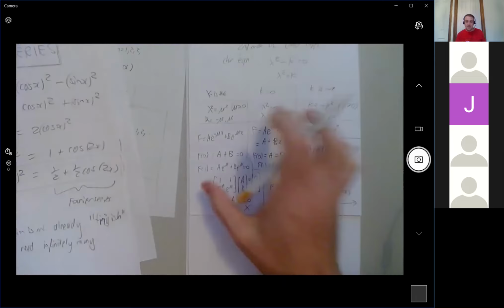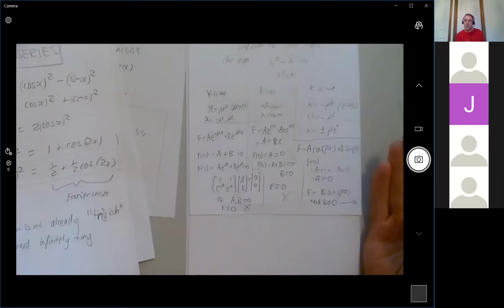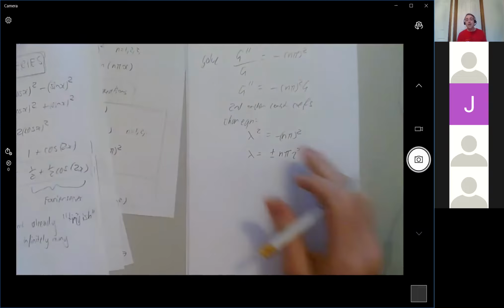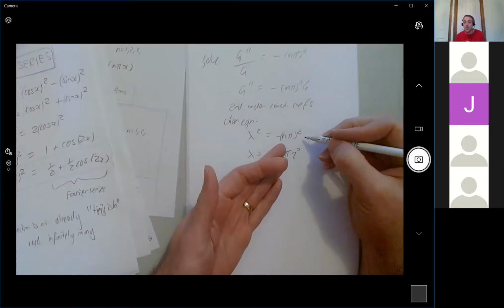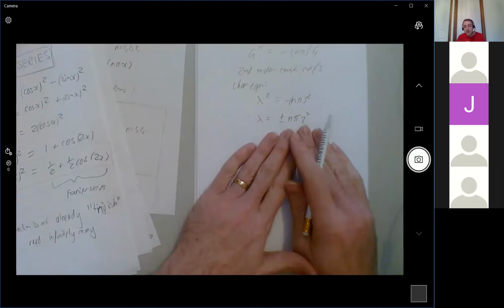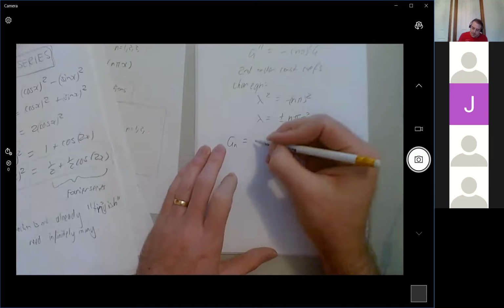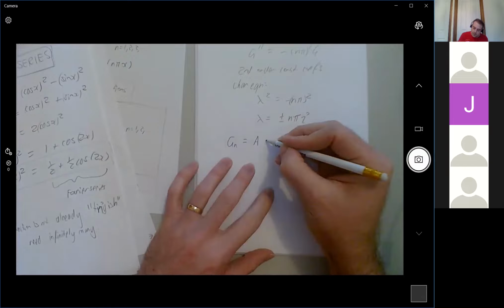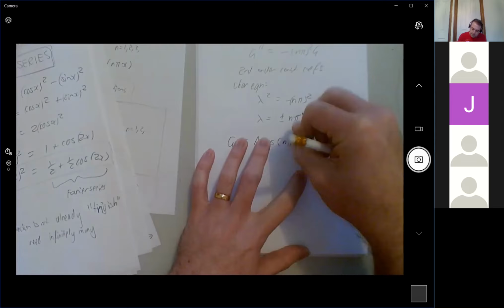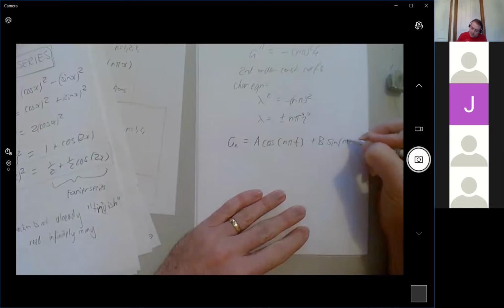This stuff here I did because I didn't know what the k was, and so I had to try all the options for what k could possibly be. But in this second differential equation, I don't need to do any of that because I do know what k is. So I can just solve it exactly as it is. And so since these are complex, that means the solutions are that Gn is going to be something times cos of n pi t, plus something times sine of n pi t.